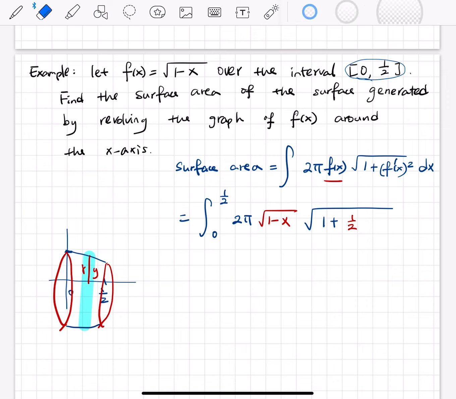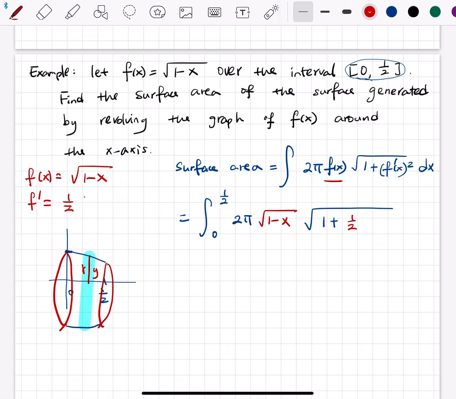I'm going to write it here. So f of x is the square root of 1 minus x, then f prime is going to be 1/2 times 1 minus x to the negative 1/2 times negative 1, the chain rule.